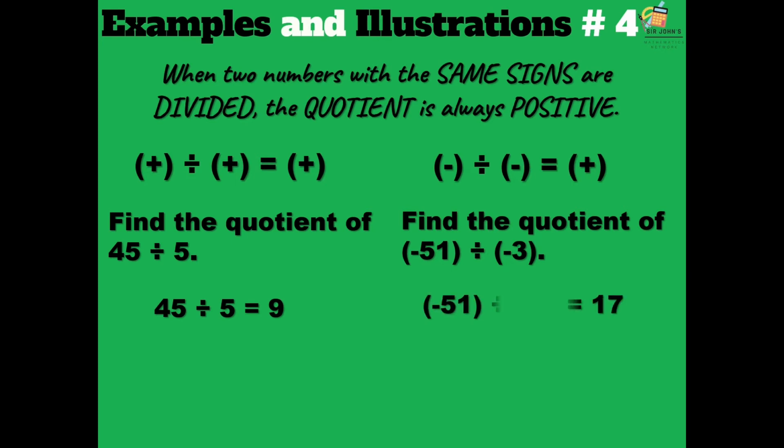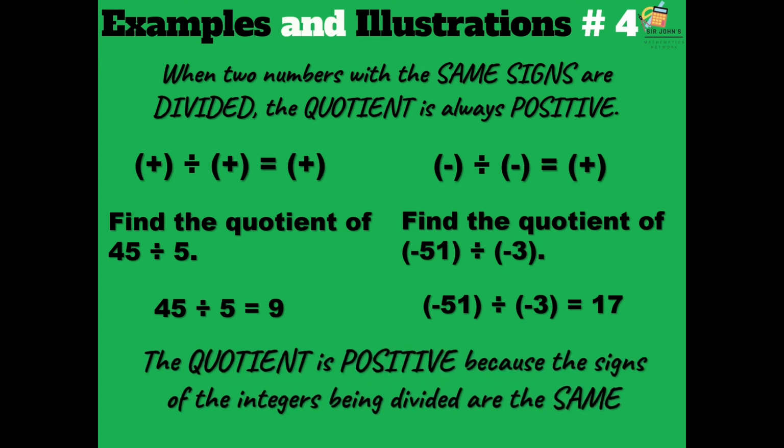The solution is negative 51 divided by negative 3. The answer is equal to positive 17. Kung mapapansin nyo, parehas positive ang naging quotient dun sa dalawang example. The quotient is positive because the signs of the integers being divided are the same.